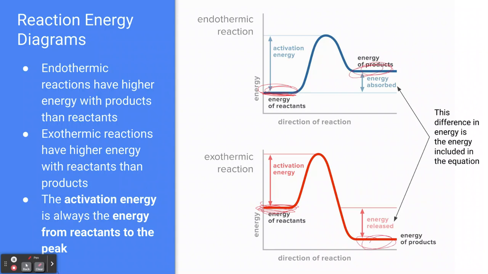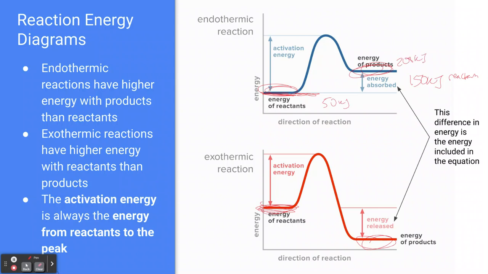Now, the energy absorbed or the energy released is just the difference between the start and the end. So for this one, energy absorbed, we could say that this was 150 kilojoules that was absorbed. Maybe this was 50 kilojoules, and then up here we could say that was 200 kilojoules.